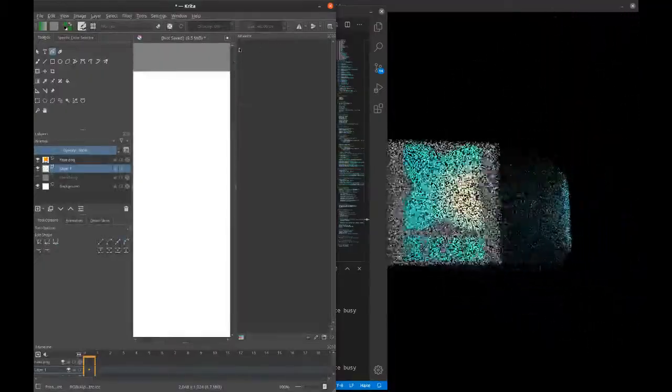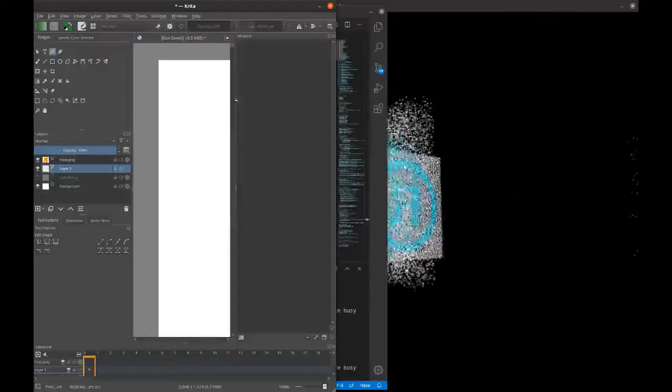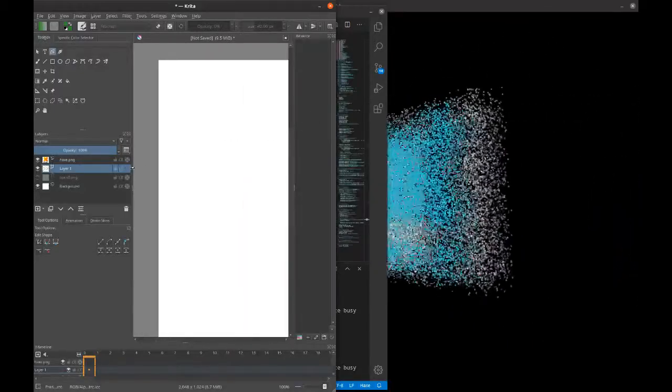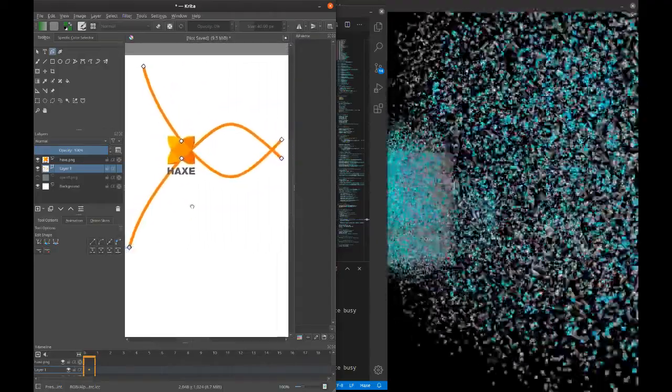Oh, well, that's not visible at all. Let's see if I can make some room. Kind of like this.